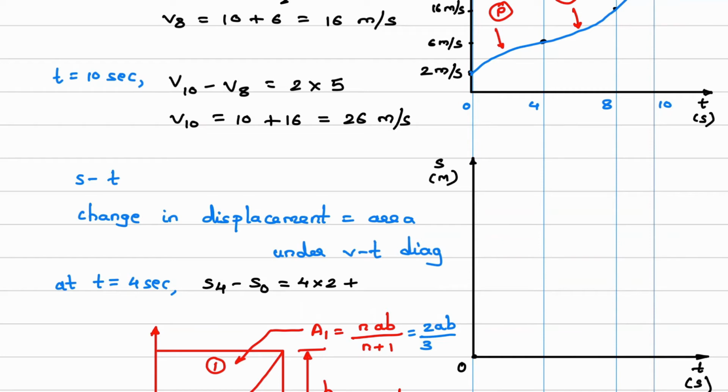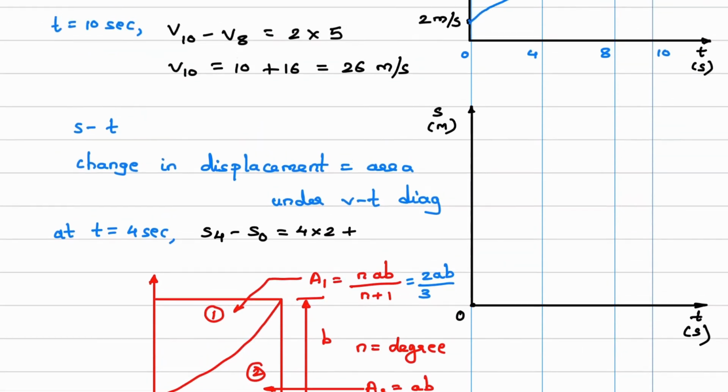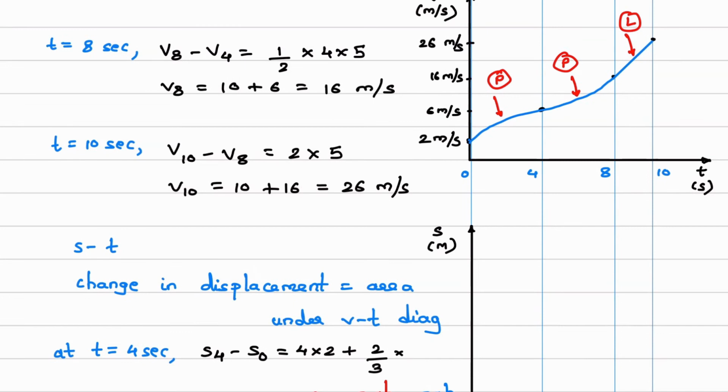now here the curve is like this, right? So it is the inside part of the curve. So this area will be 2/3 of AB. So we'll write down 2/3 of AB: what is this height? This height is 4. And what is this one? This is also 4. So 2/3 into 4 into 4.